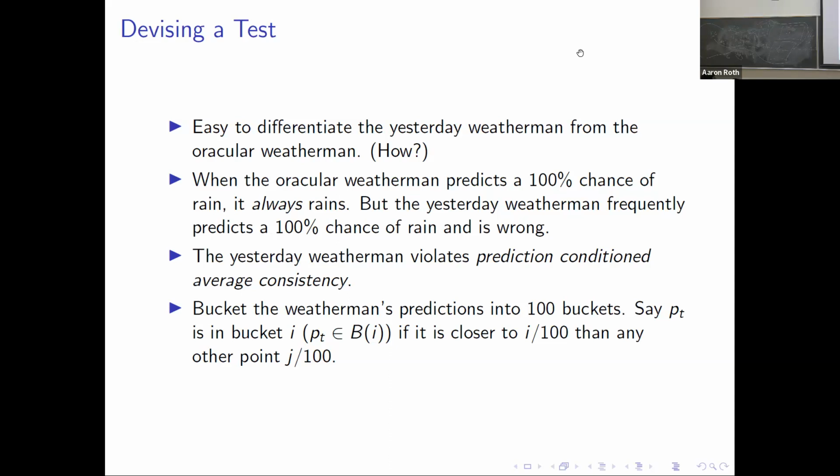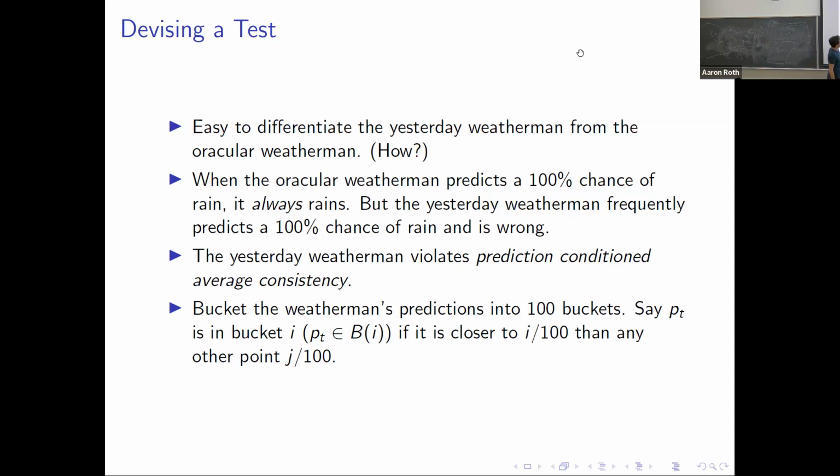And so just to stop him from doing that, we're going to bucket the predictions. I'm not going to look at the last 10 significant digits of your prediction. I'm going to look at your predictions up to plus or minus 1%. So I'm going to bucket the predictions into 100 buckets: 0% chance of rain, 1% chance of rain, 2% chance of rain, and so forth.